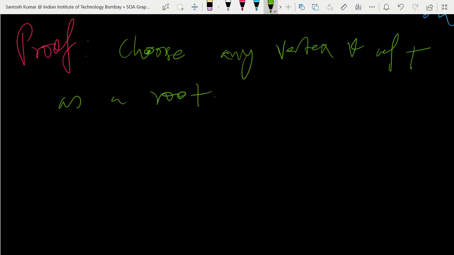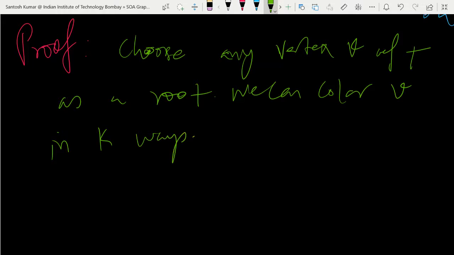You are starting with v actually. So we can color v in k different ways, because we have k available colors. We can use any one of the colors to label vertex v. So we have k choices for v.